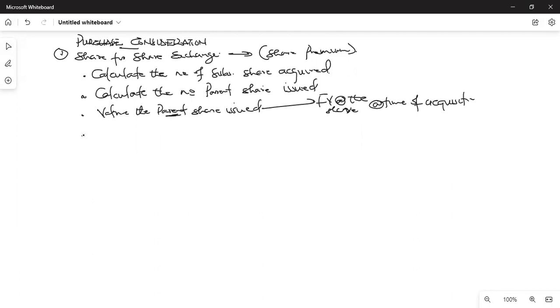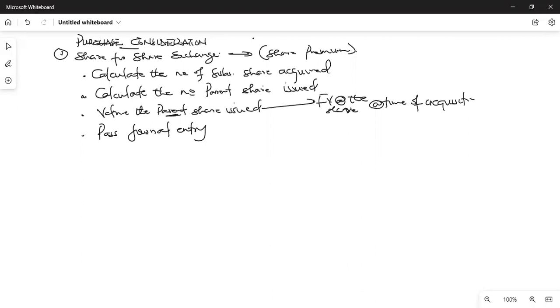Please take note of that. It is advisable you then pass a journal entry, which will help you in your double entry, I mean, how at the end of the day you are going to debit somewhere and credit somewhere. So these are the steps you need to go through when there is a share for share exchange.